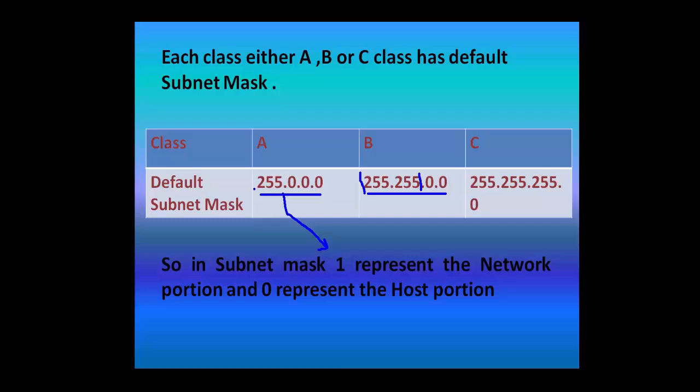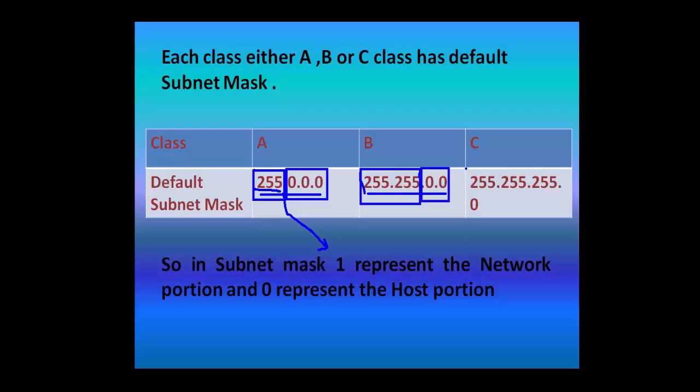So if you convert 255 into binary, it will be 11111111, eight 1s. So in a subnet mask, one portion represents the network. Like here, the first octet is the network portion, and the remaining are the host. First 2 octets are the network portion, the remaining 2 are the host part.